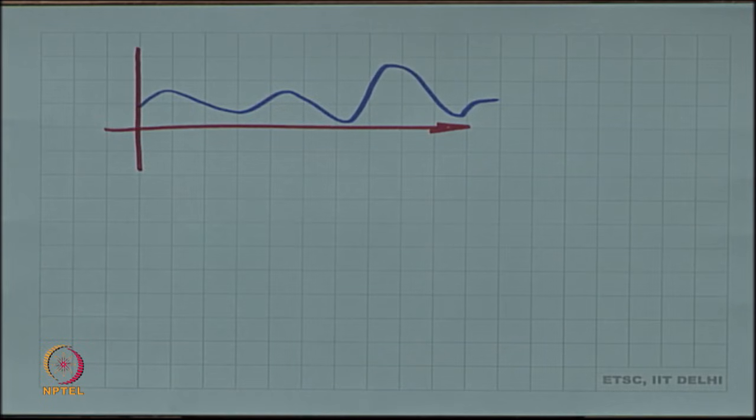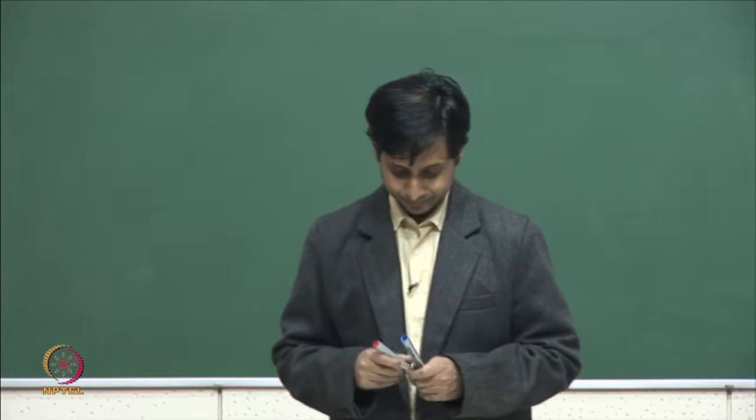Suppose this is your message signal, and this m of t is going to be multiplied by the carrier. Actually, m of t plus a constant is going to be multiplied by the carrier.